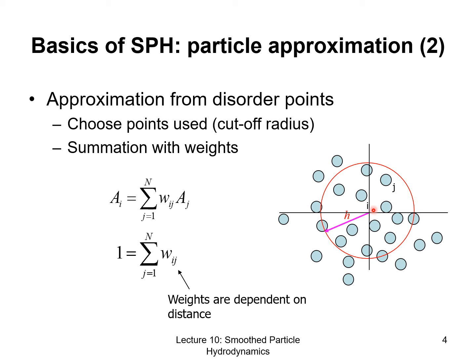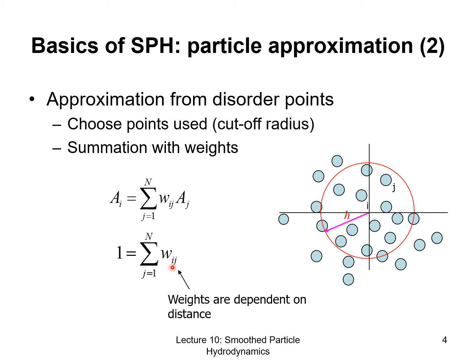Naturally we can say if the particle is close to the point, then we will use larger weight. And if the particle is further from this point, we will use less weight. So basically we will use the weight depending on the distance. So that's the way we can do particle approximation.